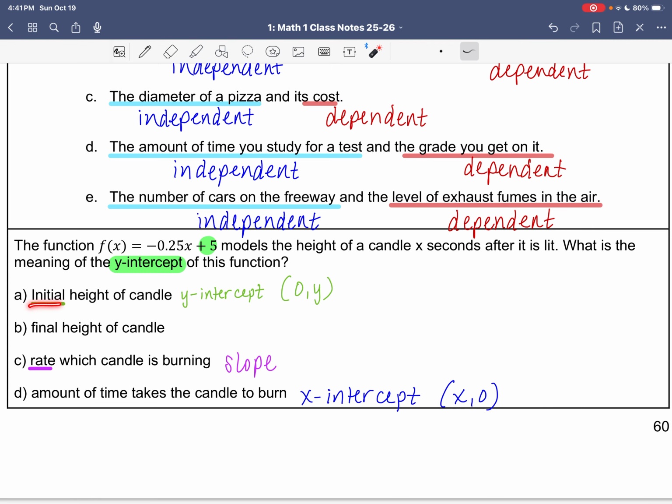So in this case, it's going to be where the candle height begins. It can't be the final height because this would just be what y is after, but not the y-intercept. The rate is your slope, and the amount of time it takes for the candle to burn, that's your x-intercept. So the best choice for this one would be A.